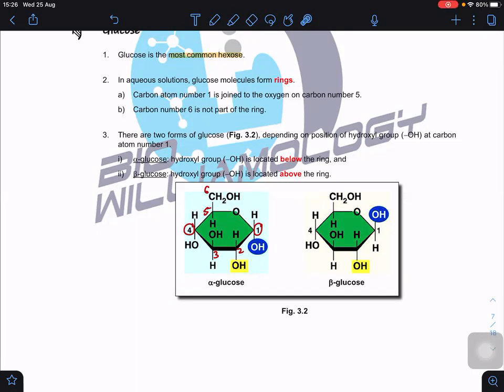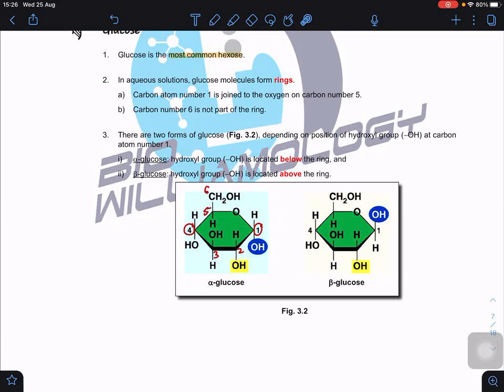If you compare these two molecules, both of them are glucose. What makes them different is the position of the OH group on carbon number 1. Very important, carbon number 1. You can see a lot of OH groups, so which one are you referring to?